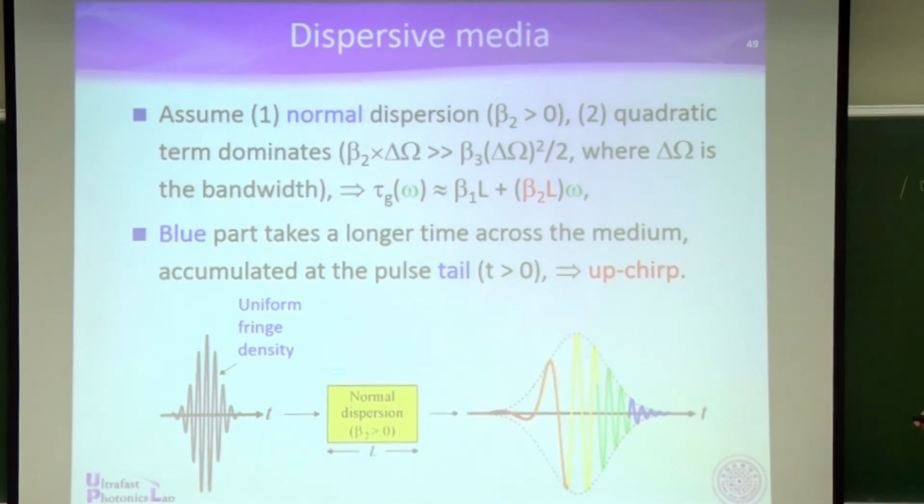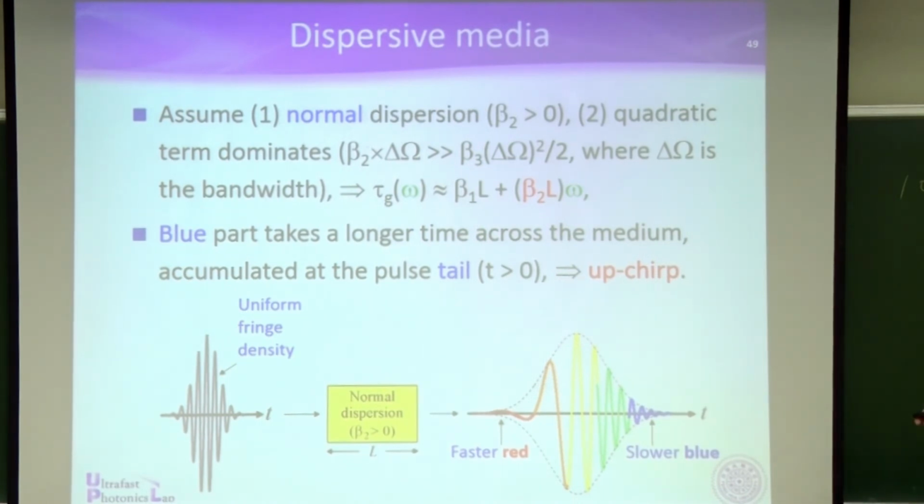If you have a normal dispersive material of thickness L, this is the output. Okay? As I mentioned, blue part accumulated at the pulse tail, so slower blue. And the red part accumulated at the pulse leading edge, faster rate.